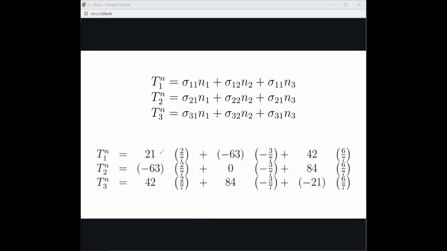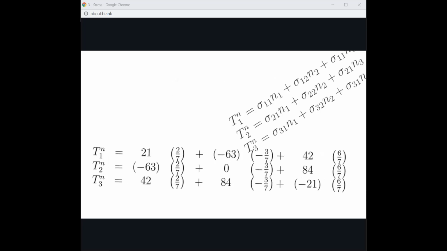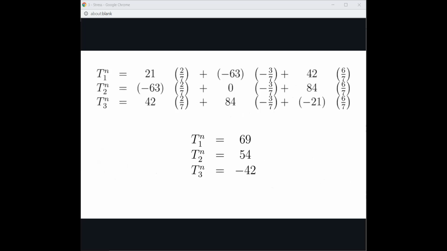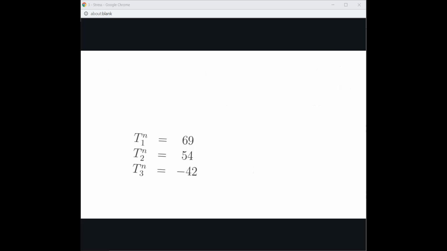So noting, 21, negative 63, 42. Just substitute everything. And we get the components of the stress vector. Okay? So I hope you do this again on your own and check if you have the same answer. Okay, madali lang naman, no? Okay.